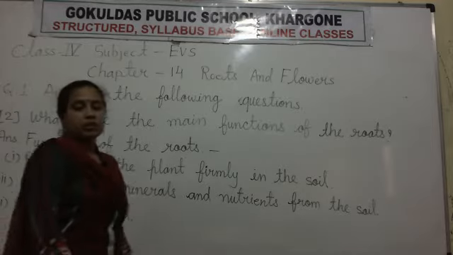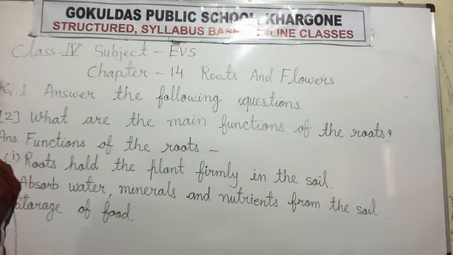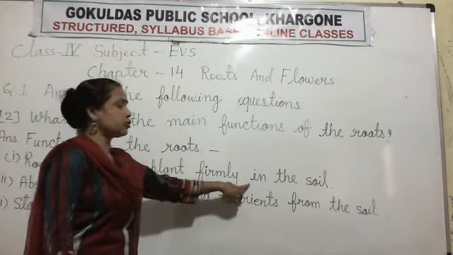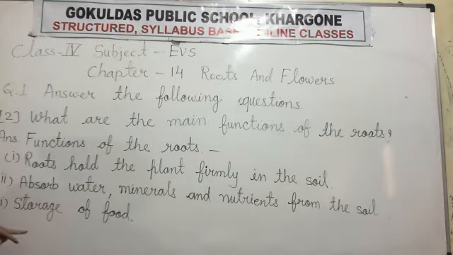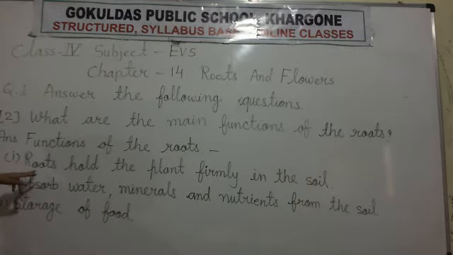This is the function of the root. What did we write here? Functions of the roots. First, roots hold the plant firmly in the soil. Okay? With an example, I explain this to you. Means roots work like our feet for the plant.